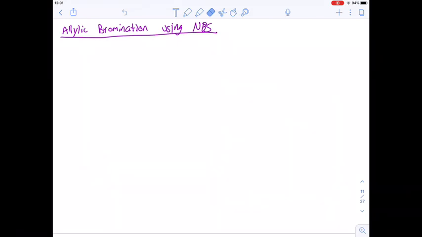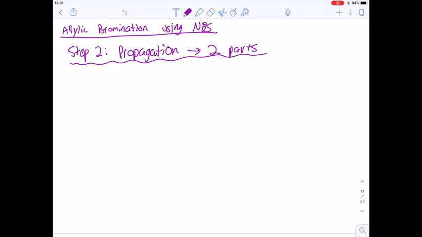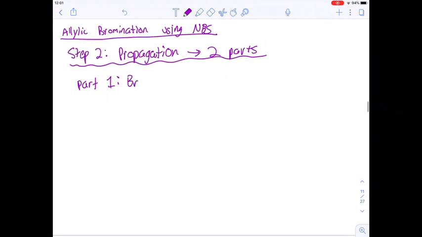Okay, so let's go through step 2. Step 2 is propagation, and there are 2 parts to propagation.